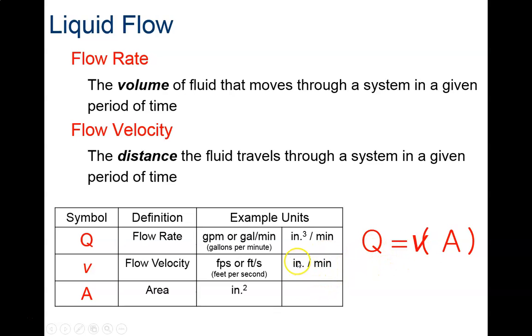So we have to make sure that our area is in inches squared and our flow velocity is in inches per minute, and we want to make sure that our flow rate is in inches cubed per minute.